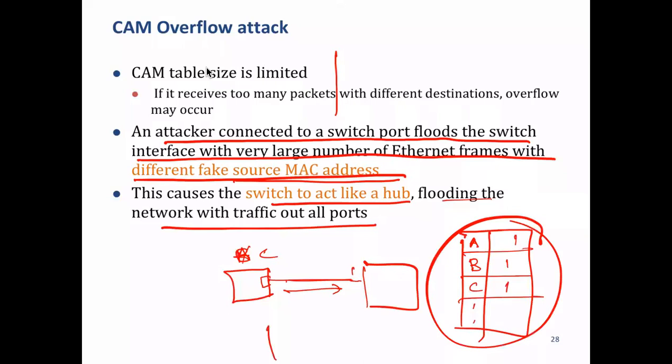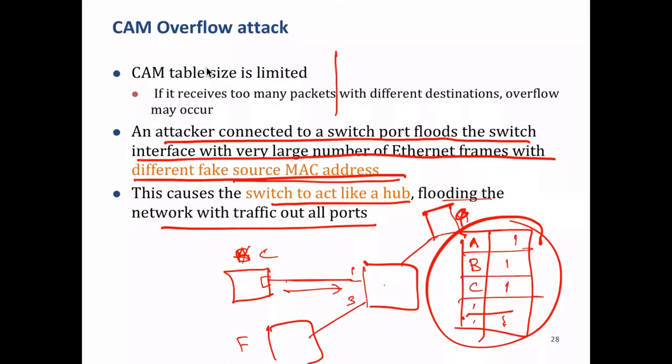Now, if some other guy, say with MAC address F, connected at port, say, 3, sends a packet for some address G, then this table is full. When the search is done for G, there is no hit.